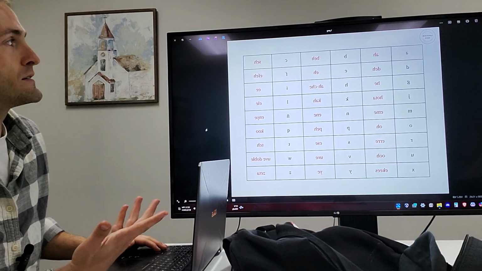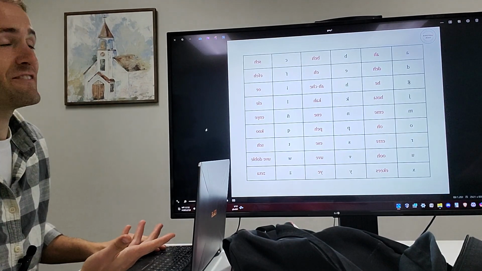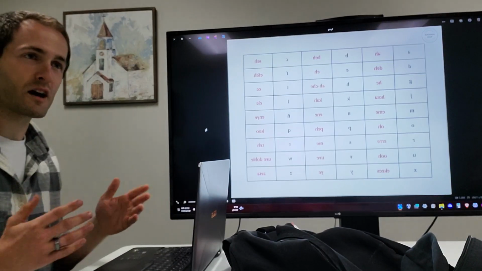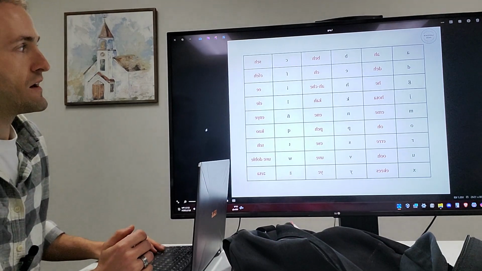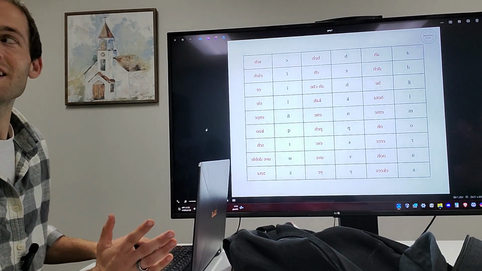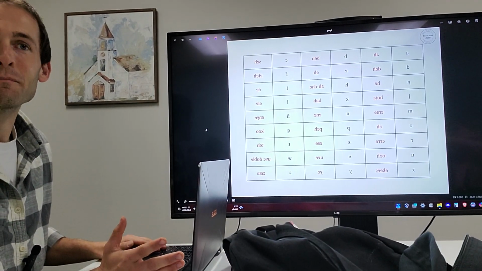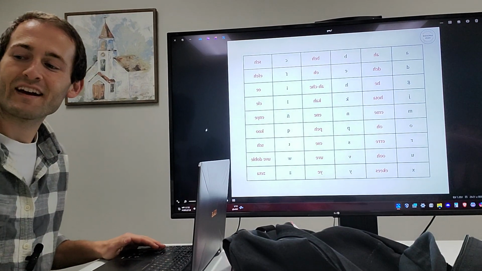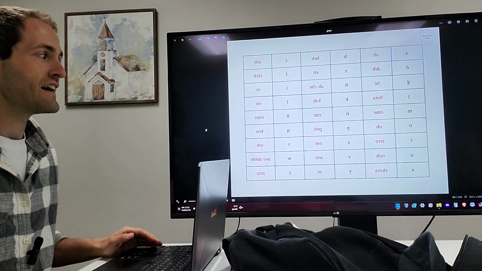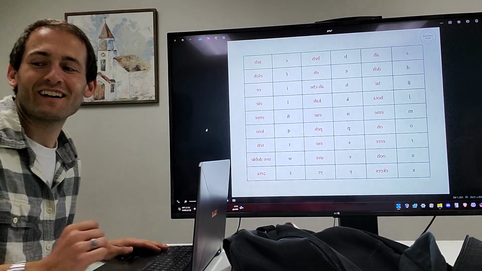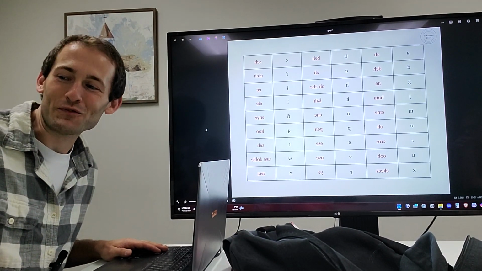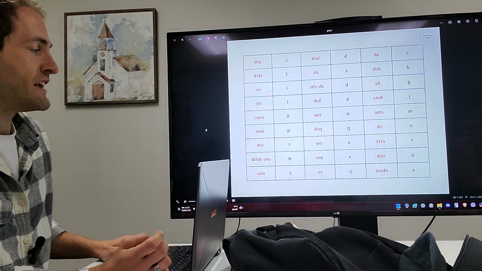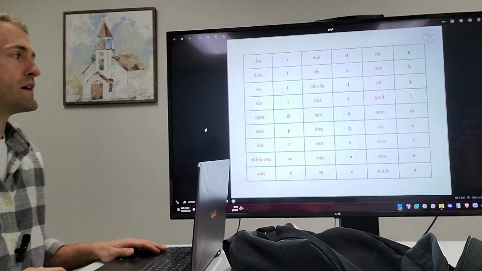So A, B, C, D, E, F, G is kind of pronounced in a couple of different manners, and we'll get to that in a moment. H, I, J, K, L, M, N, Ñ, O, P, Q, R, S, T, U, V, W, X, Y, and Z.